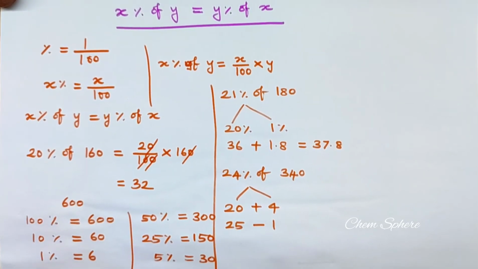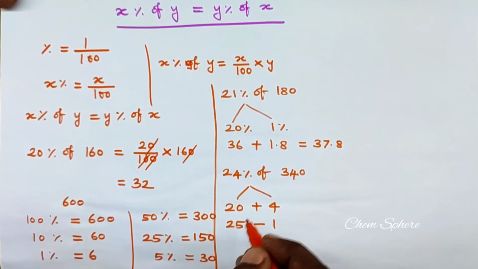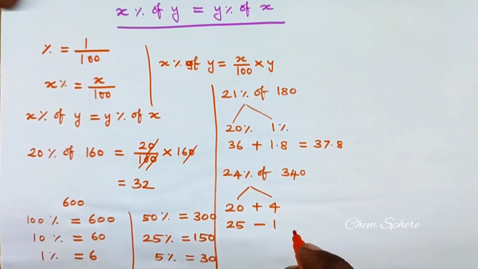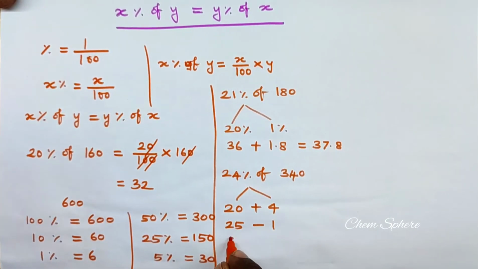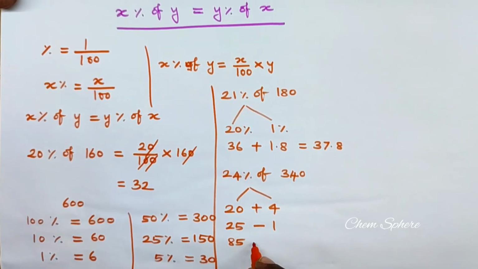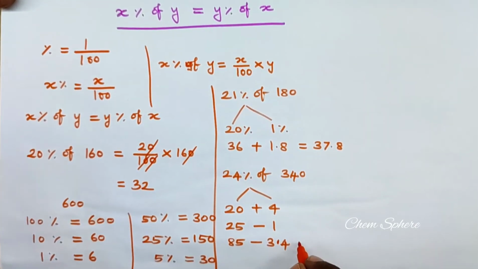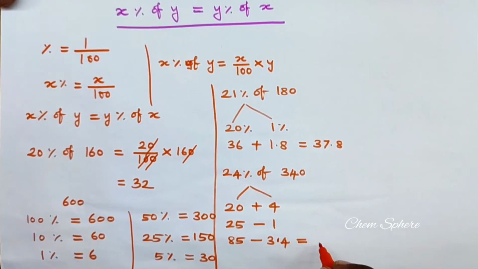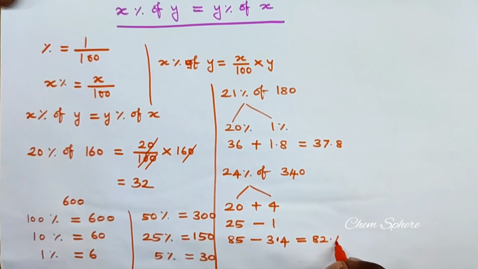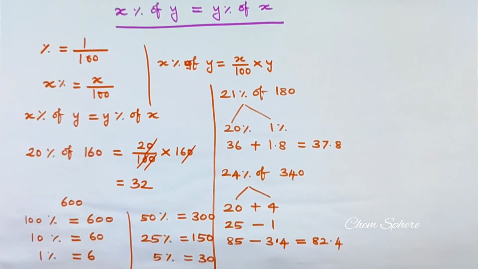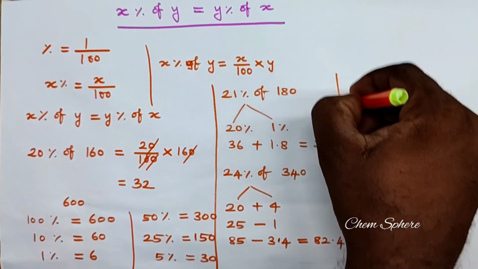This one will be easy, because 25 percentage means 1 by 4th of this value. So we get 1 by 4th of this value, that is 85, minus 1 percentage, which will be 3.4. If we subtract this, we get the value 82.4. Let's move to some more examples.